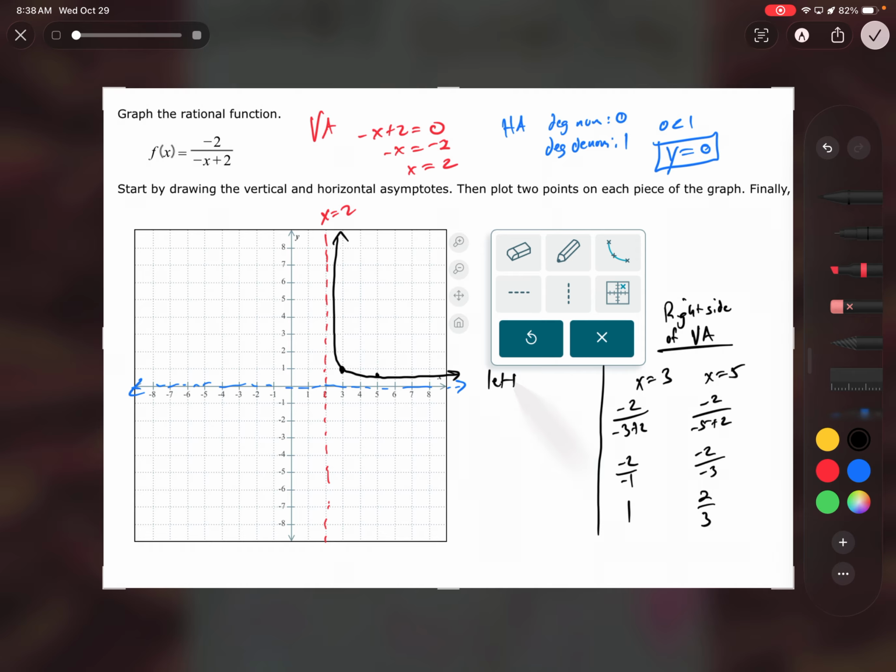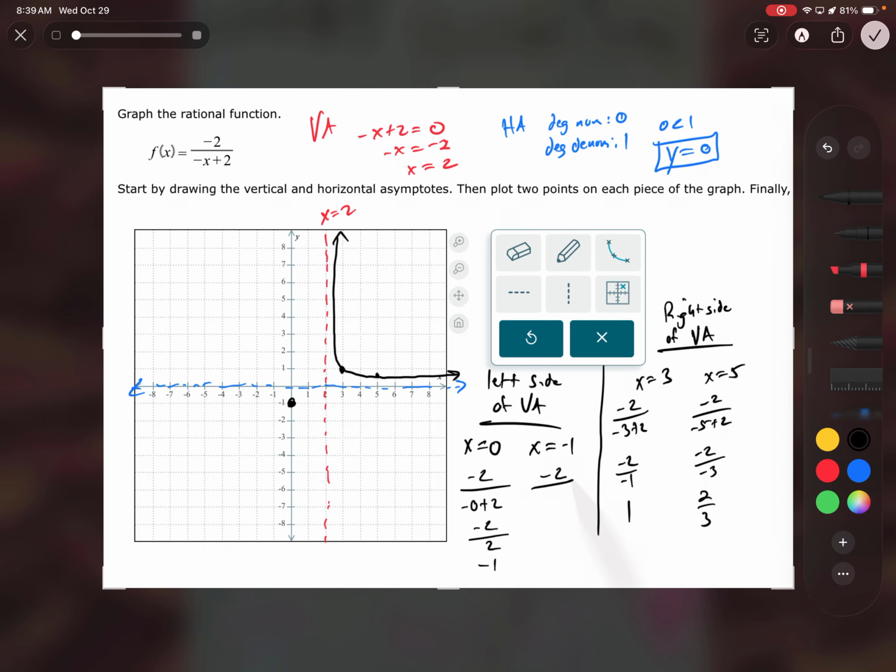And now find the left side of the vertical asymptote. So I got to pick any numbers over here. Zero is always easy to plug in. And let's plug in -1 too. -2 over -0 plus 2 would be -2 over 2 would be -1. So 0, -1 would be right here. So it looks like I'm below the blue line.